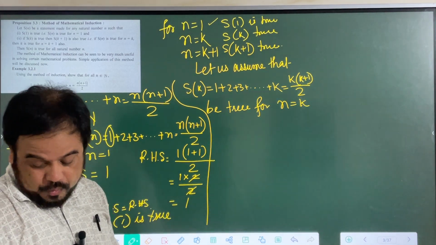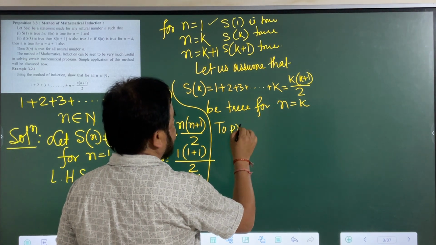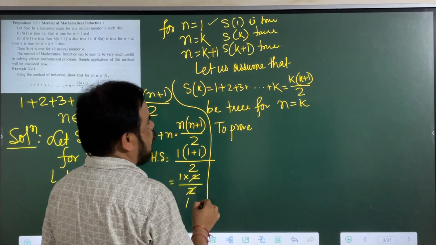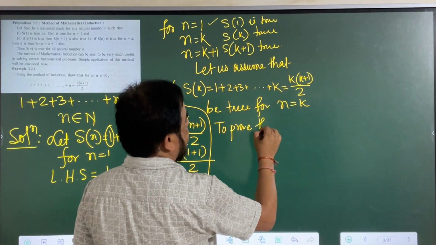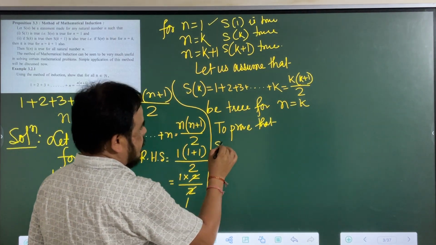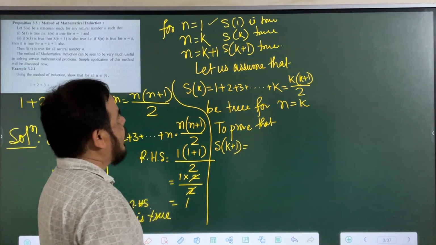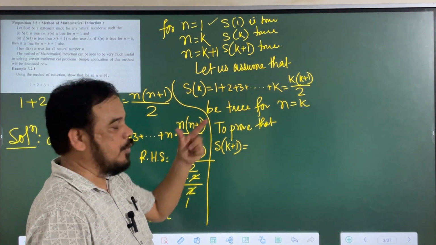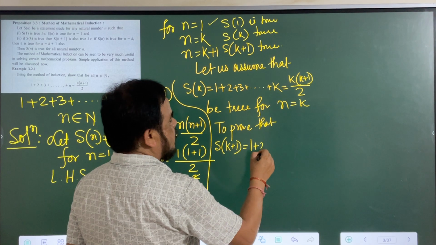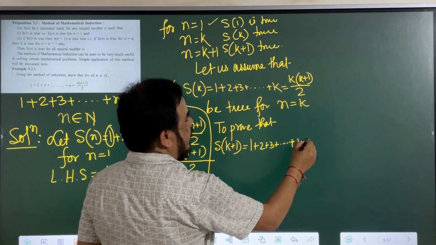Now, what to prove? To prove that S(k+1). Look here. Sk is 1 to k. S(k+1), how can we write? 1 plus 2 plus 3 plus up to k, then k plus 1.